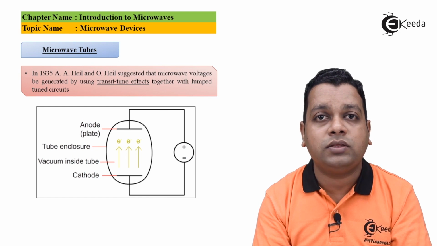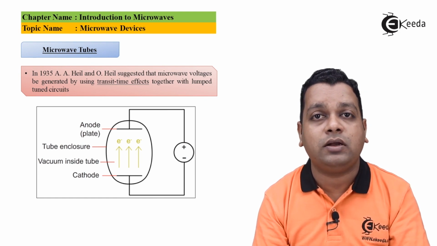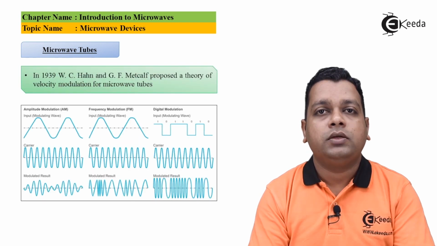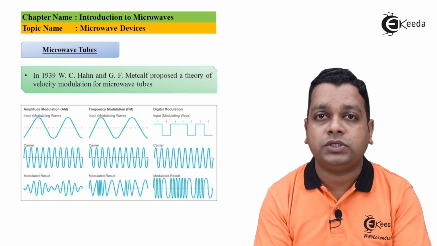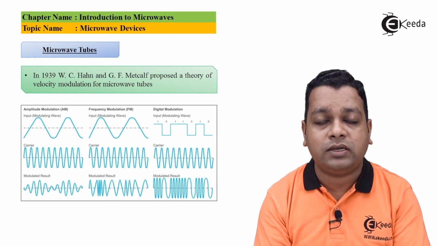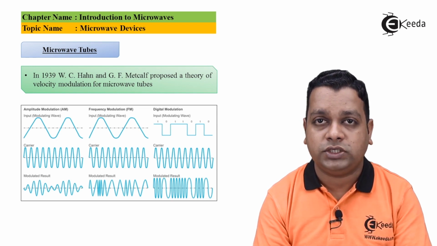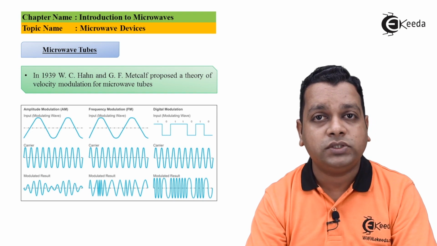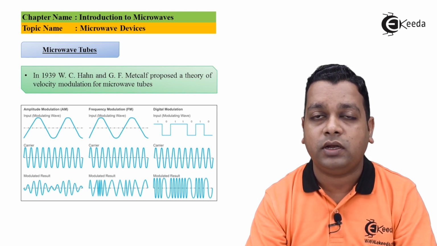So working with the transit time, modifications started from the year 1935. Then in the year 1939, the idea was introduced that when working with the transit time of the charge carrier, that is basically the electron, there should be velocity modulation. Here velocity modulation refers to the speed of the electron.